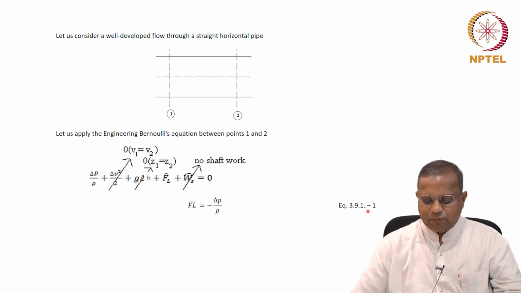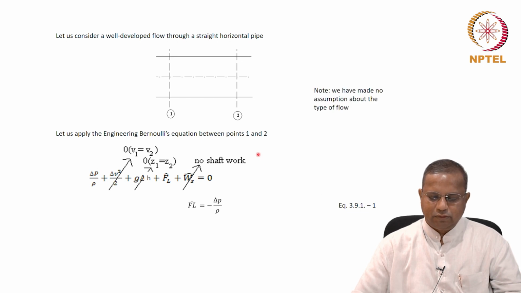Equation 3.9.1-1. Now, even before I move forward, this is powerful. Note that we have made no assumption about the type of flow. It could be laminar, it could be turbulent, whatever. We never considered anything that represents the type of flow.